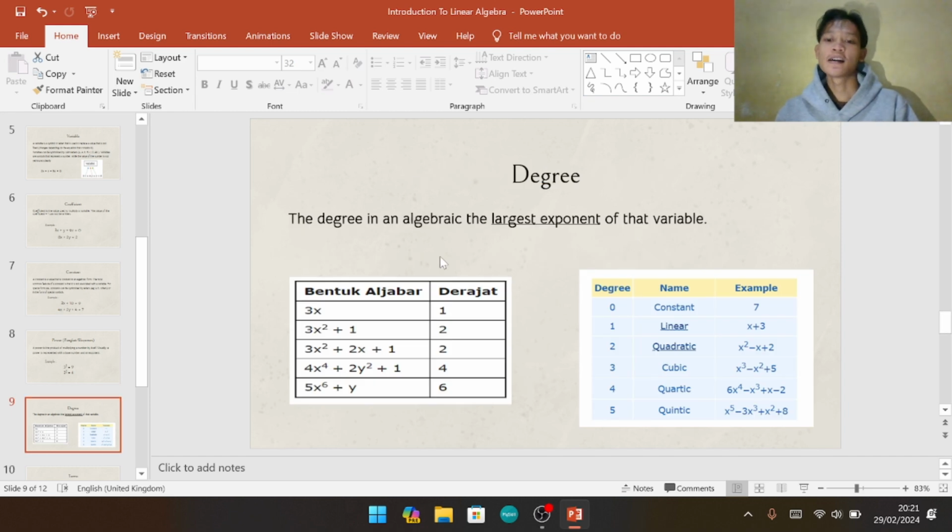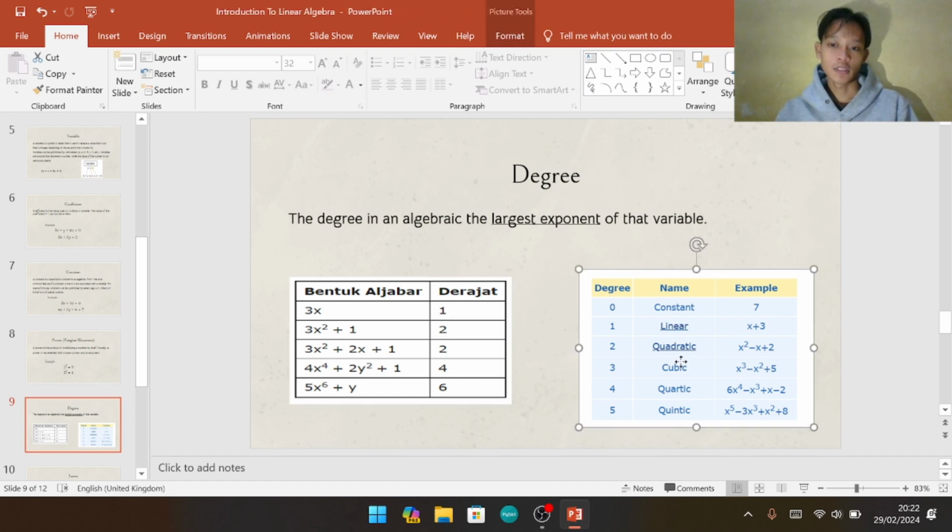Okay, next is degree. Degree is the largest exponent of a variable in an algebraic form. This is a sample about degree.